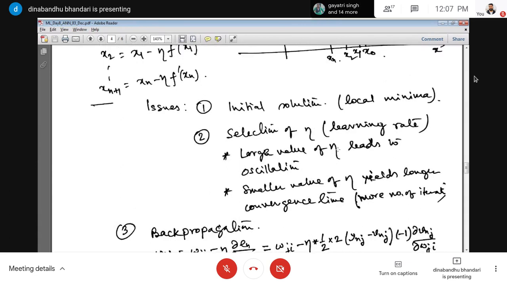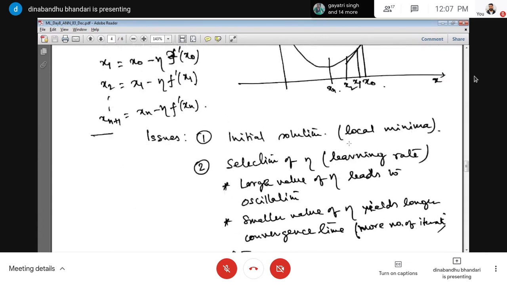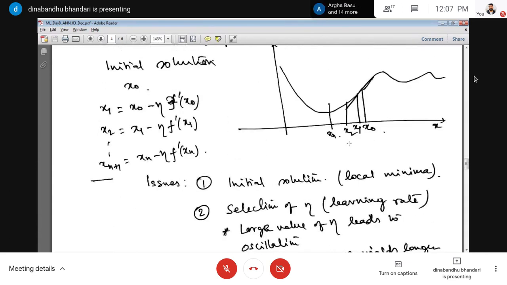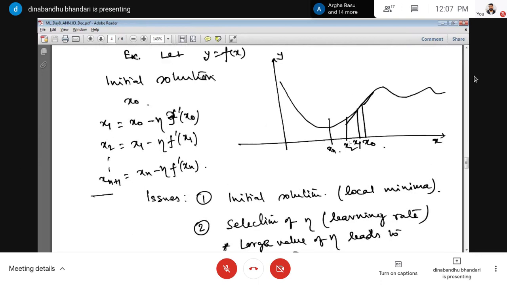Now you may ask what is the solution of the first one, to avoid local minimum. One of the ways, a very easy way, and people follow that: instead of executing the program once with one random initialization of W, you execute your program 10 times, with the expectation that in at least one case you will get an initial value within this range, so that you can get the global minimum.